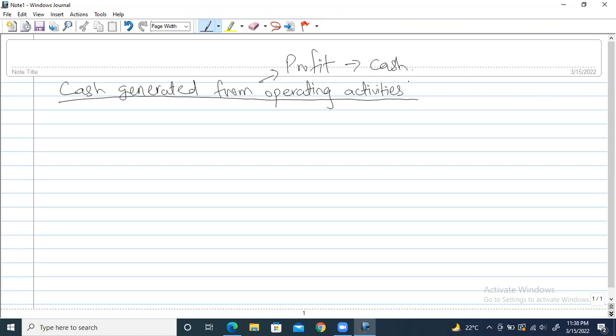So that we are making a cash flow statement, so obviously profit cannot be compared to cash. It will be very unfair, right? So to do a very faithful representation over here, what we do is that we compare cash with the cash. So that's why this is included at the very start, because cash generated from operating activities is just converting profit into the cash, right?